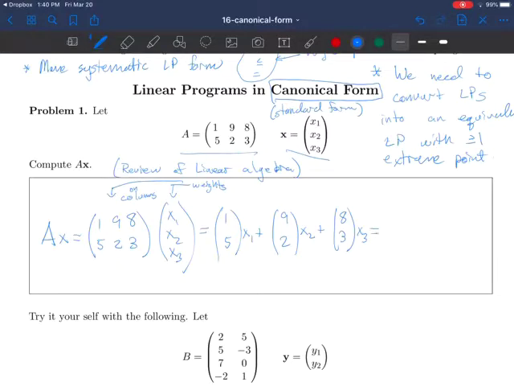times x3. And of course, the other way of writing it, which is equivalent, is a two-dimensional vector where the first component is x1 plus 9x2 plus 8x3, and the second component is 5x1 plus 2x2 plus 3x3.